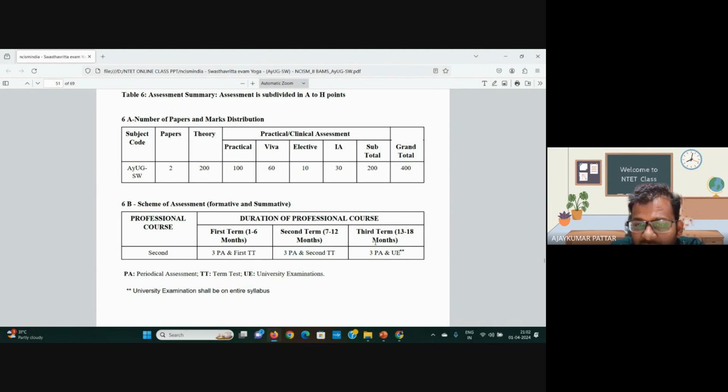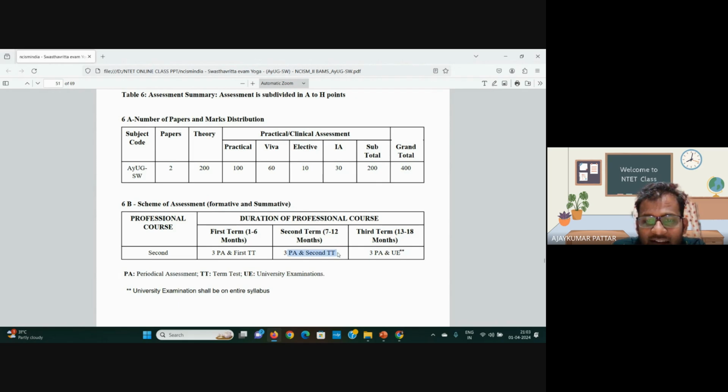Then in the third term we conduct 3 periodical assessments, but we do not directly conduct a term test because the final exam comes, which is the university exam. The university exam is summative evaluation. Did you understand? These things we call formative evaluation.